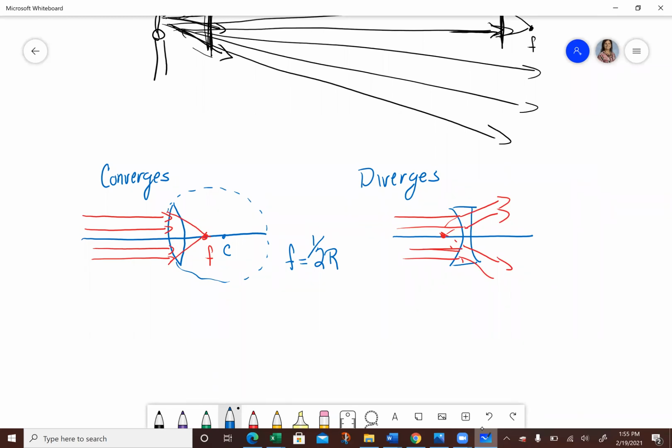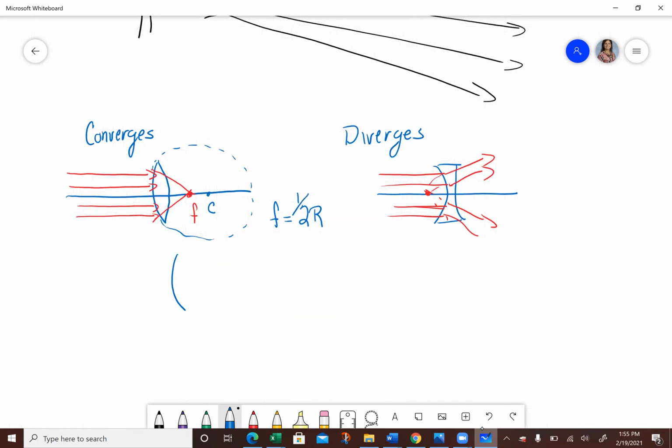All right, so what I also want you to know about a converging lens, because this will be important in the lab, is it's thicker in the middle compared to the edges.